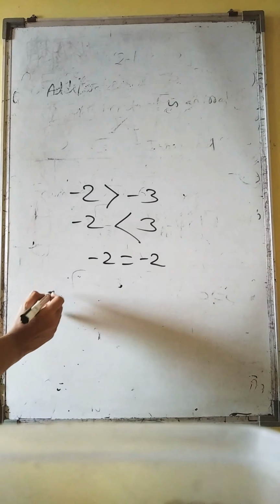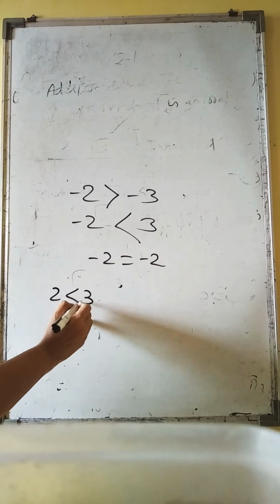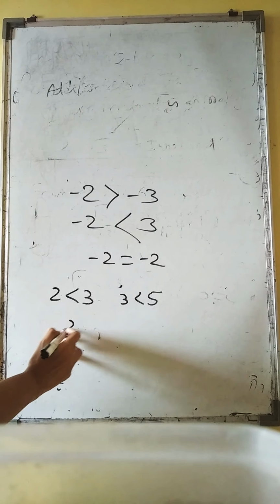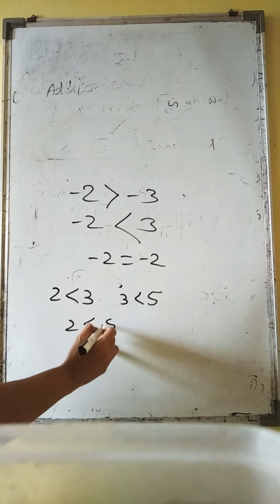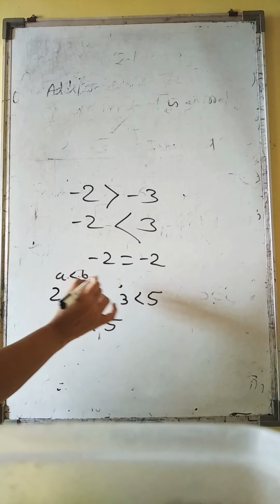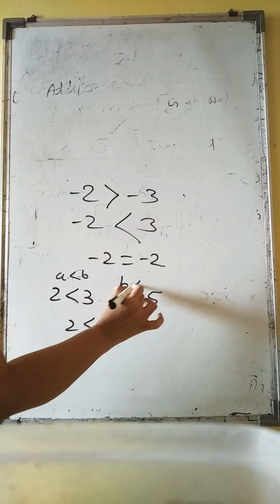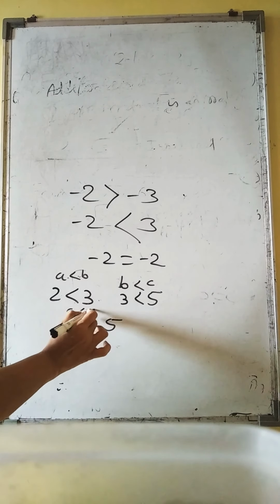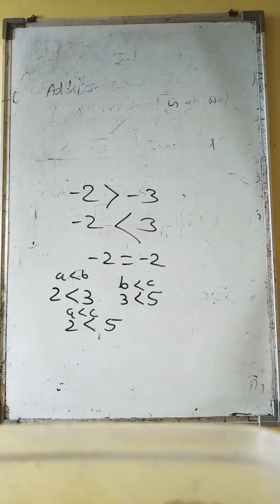Another thing, if A is less than B and B is less than C, then A is less than C. I repeat, A is less than B, B is less than C. I have taken the example also. Then can I say that A is less than C? Look, the example is given.